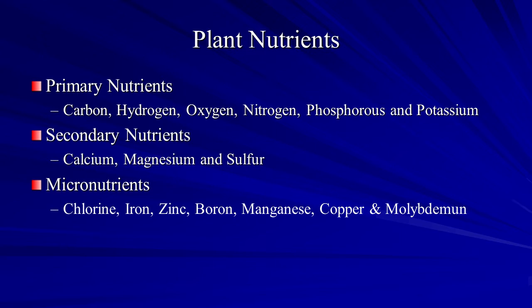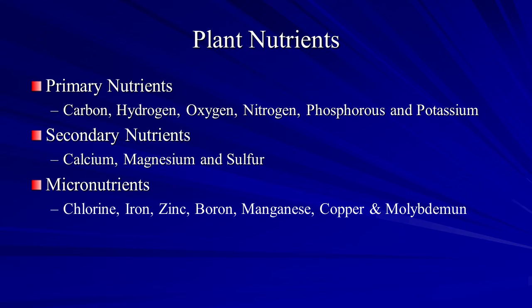And the secondary elements being calcium, magnesium, and sulfur. Now, magnesium and calcium, we usually correct any problems by using lime. In sulfur now, there are some cases where we have some deficiencies, primarily on sandy type soils. But most of our nitrogen fertilizers now contain some sulfur, so we get that in the fertilizer also.